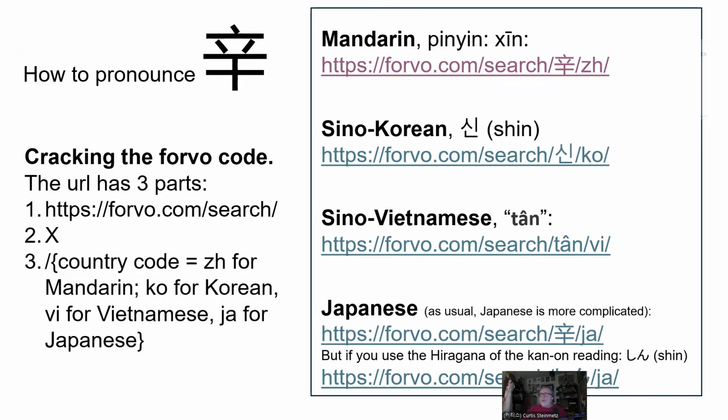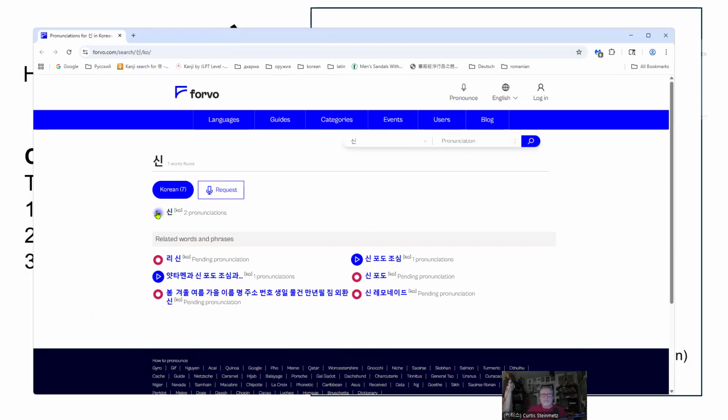Let's see what Forvo gives us for the Hangul pronunciation, the Sino-Korean pronunciation. Shin. Okay, Shin. Pretty straightforward.